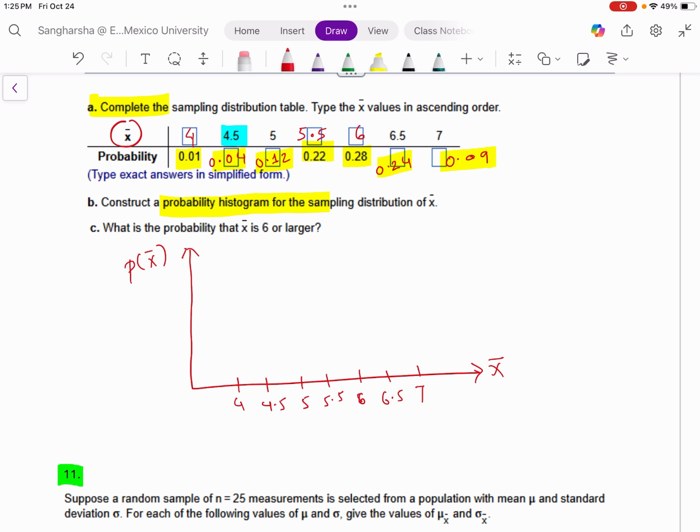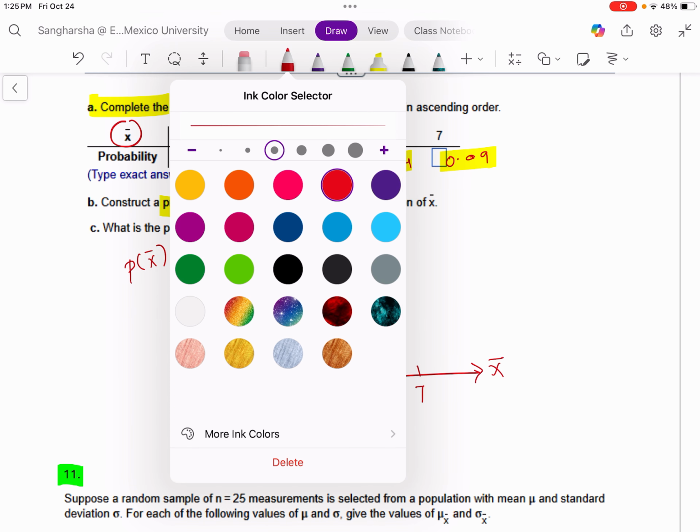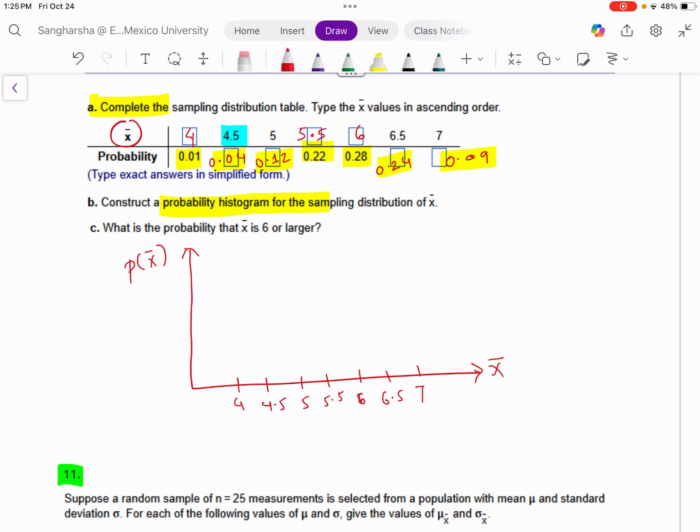Like a histogram, the probability is the height of a bar. Let's have a scale.